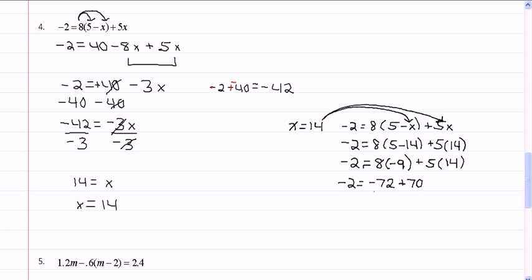So if I take negative 72 plus 70, I'm adding signed numbers, so I subtract and take the sign of the bigger number. 72 minus 70 is 2. Since the 72 is bigger, it's negative 2. Since both sides equal negative 2, my answer of x equals 14 is correct.